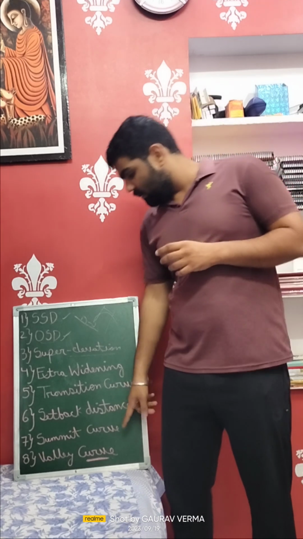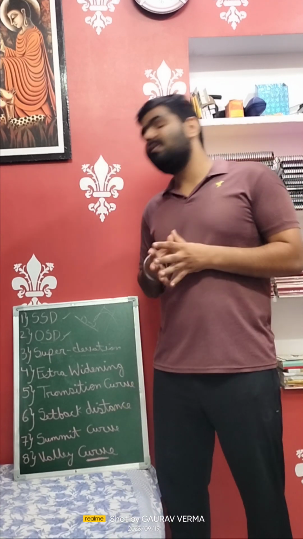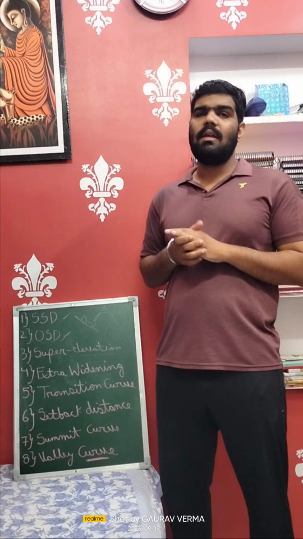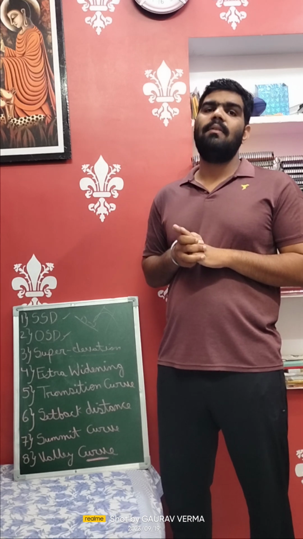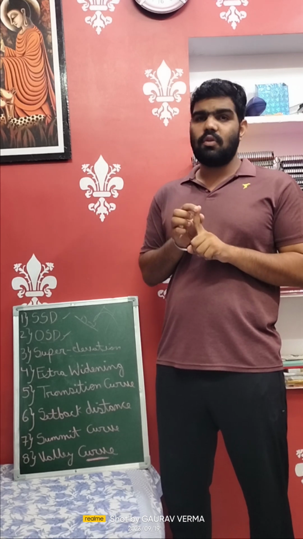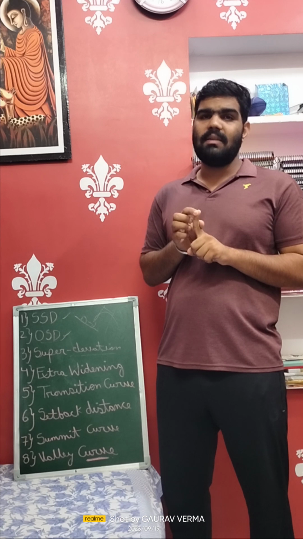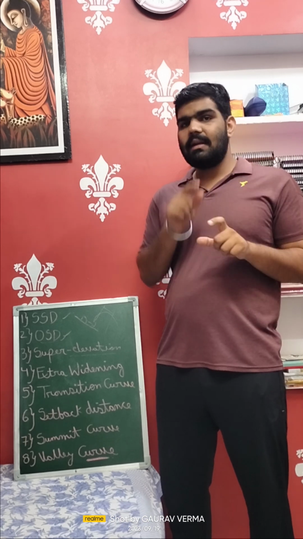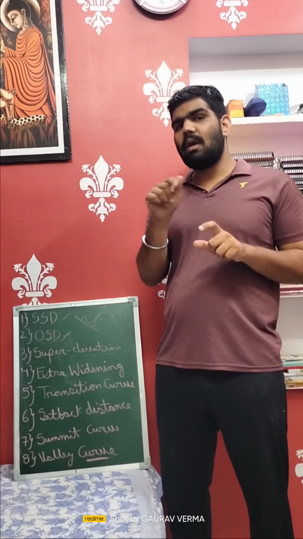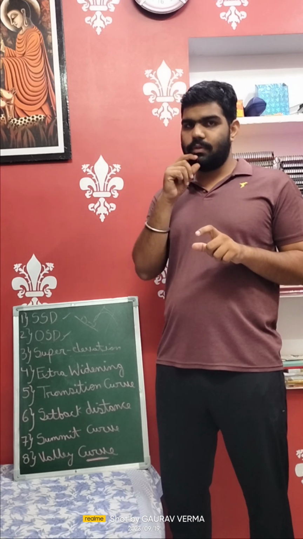Okay. Now the next topic is valley curve. There are three formulas in valley curve. First of all, the empirical formula, that is L equals 2 (N V cube upon R) whole under root.